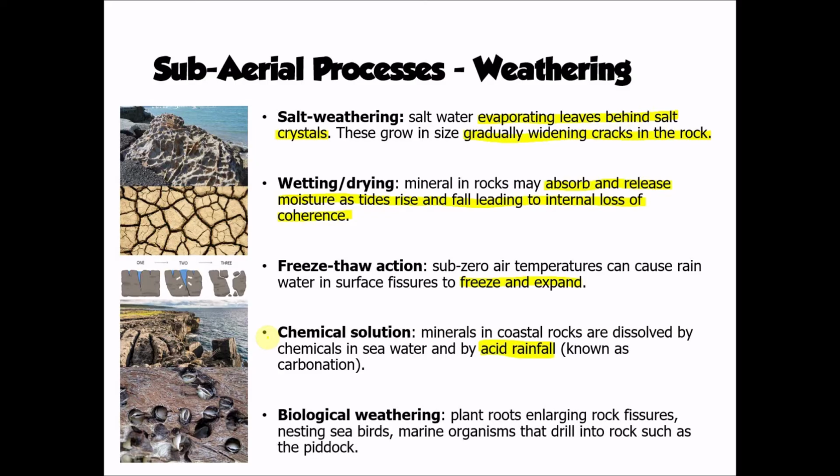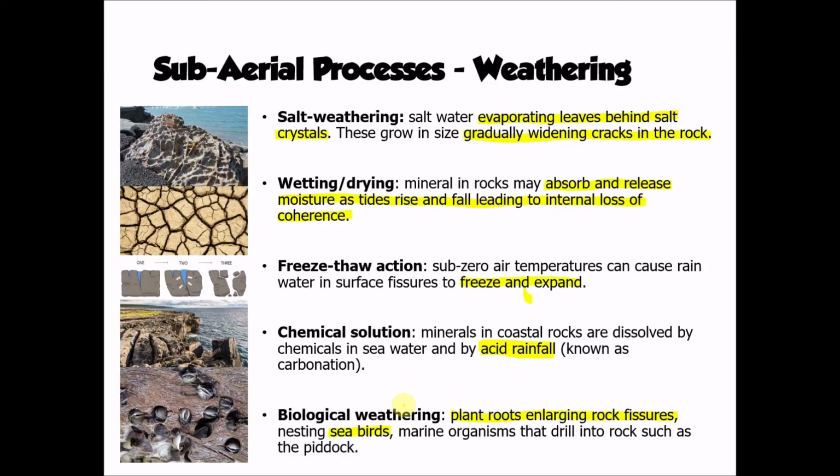We can also get forms of biological weathering happening along the coastline. It could be that plant roots are growing and expanding in cracks in the rock. That's going to help to force them apart. Even things like seabirds nesting on the cliff or rabbits burrowing into softer material on the cliff can cause it to weaken its structure.